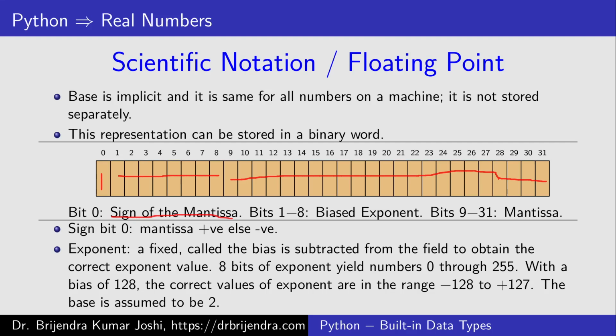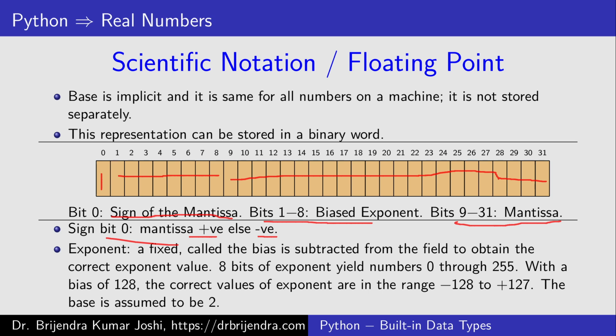If the sign bit is 0, then the mantissa is positive, else negative.